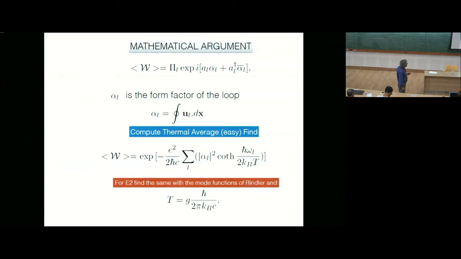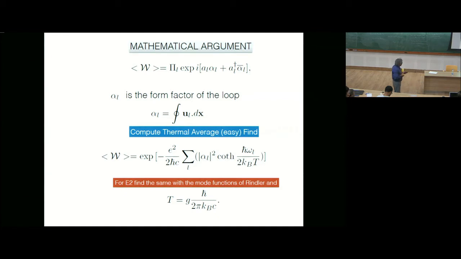These factors are very common when you do statistical mechanics of operators. In fact, they appeared in a talk by Amin Nizam earlier. Such factors also appear in things like the fluctuation dissipation theorem. And in fact, what we are talking about is something like the fluctuation dissipation theorem, because there are fluctuations in the thermal electromagnetic field which are causing a kind of dissipation in the loss of coherence.